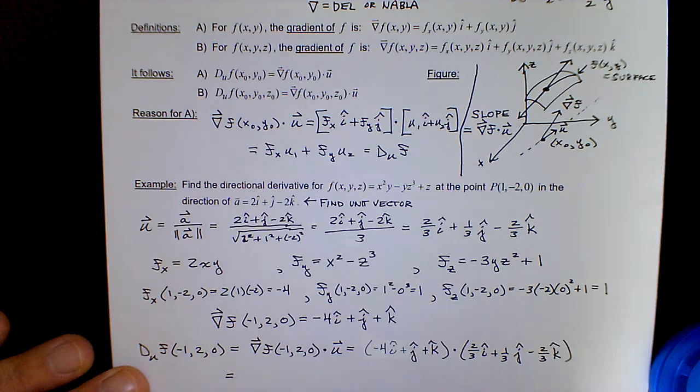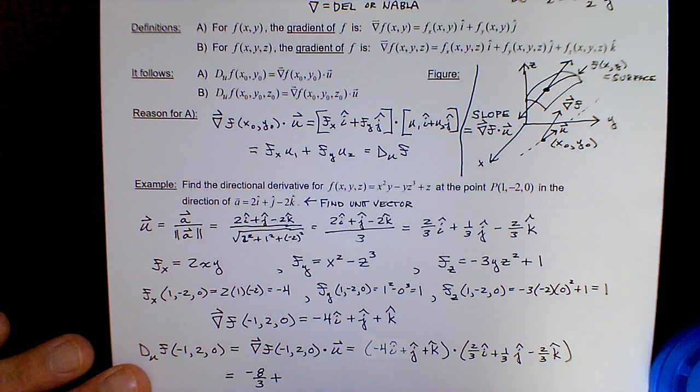And so that gives us negative 4 times 2/3, negative 8/3, plus 1 times 1/3, 1/3, and then plus 1 times negative 2/3, or negative 2/3. So it looks like that crunches down to be negative 9/3, or negative 3.